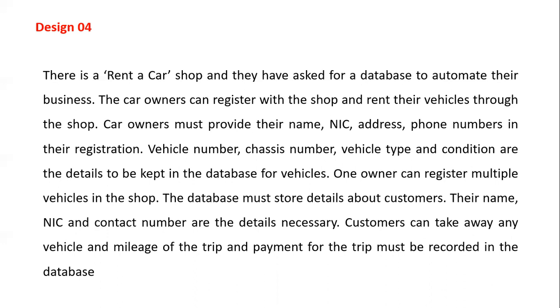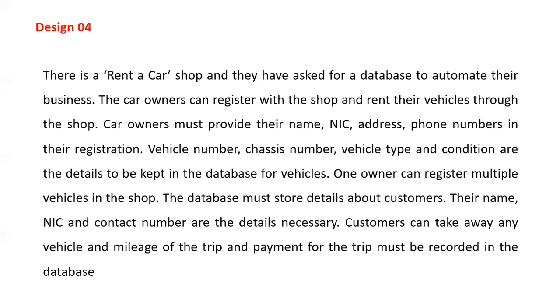So then we have to take the primary key from owner table and insert that into the vehicle table to create the relationship. Understand that very carefully. We have to create the relationship between tables. So in that case, we must identify the relationship type. So here, when we take owner and the vehicles, one owner can register multiple vehicles.